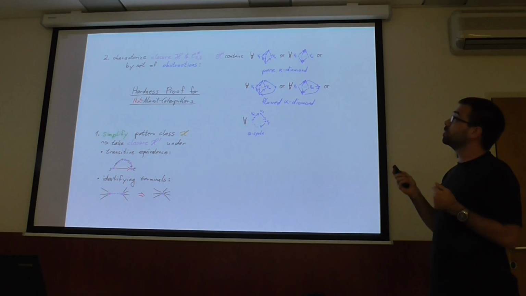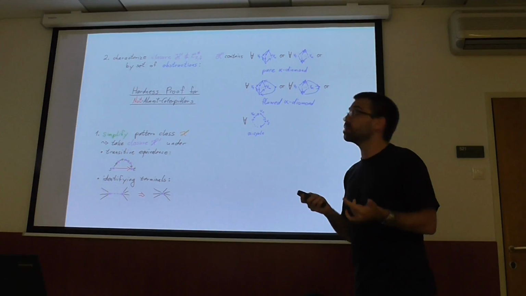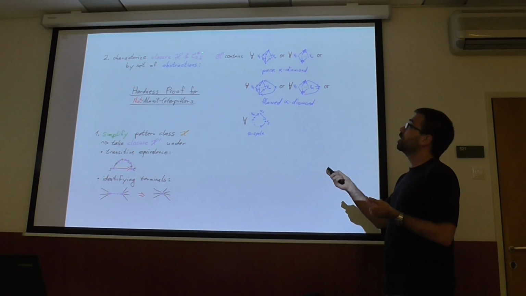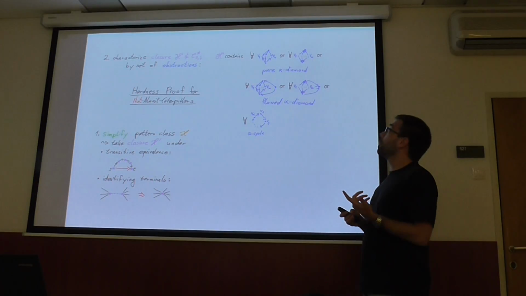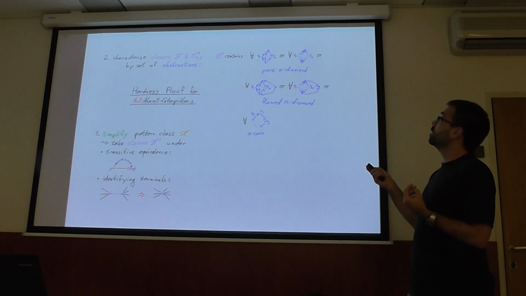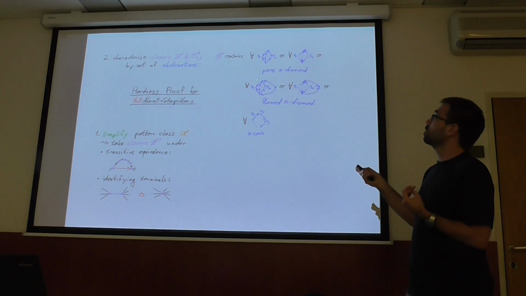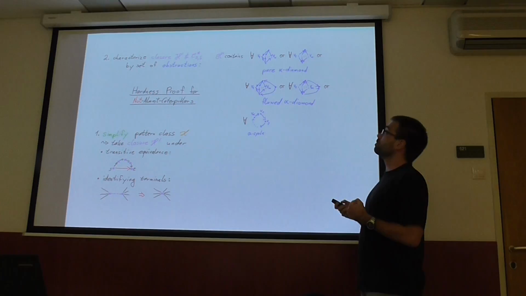In particular, we can characterize a closure that is not a subset of the class of almost caterpillars by a set of obstructions. This closure will contain all of these types of patterns. Now what are these patterns?